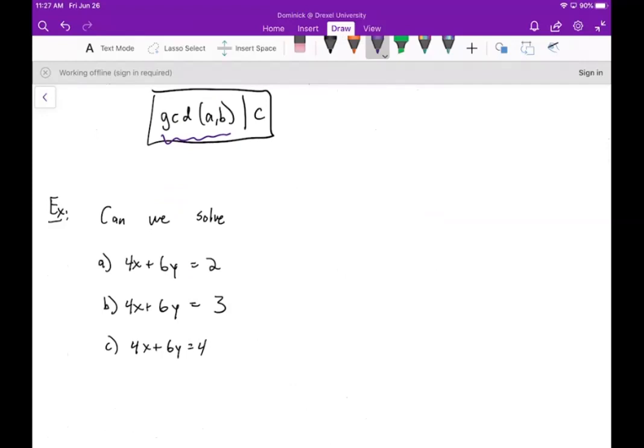If we look at part A, the GCD of 4 and 6 is equal to 2, because 2 is the largest number that will divide both 4 and 6. And 2 divides 2, so we can solve this. It's not hard to see that x is equal to -1 and y is equal to +1 is a solution.